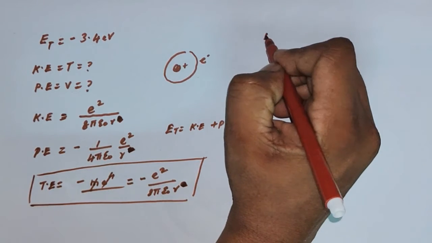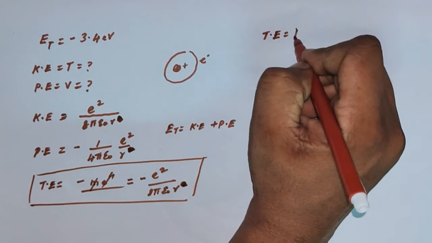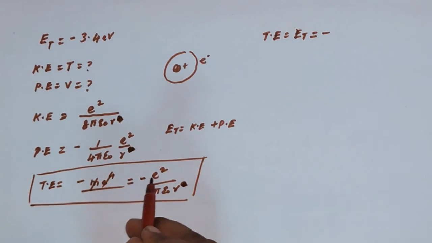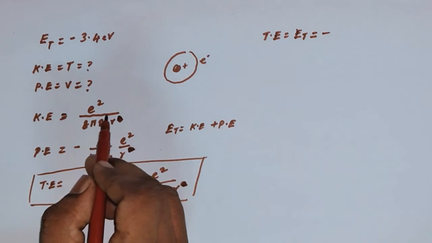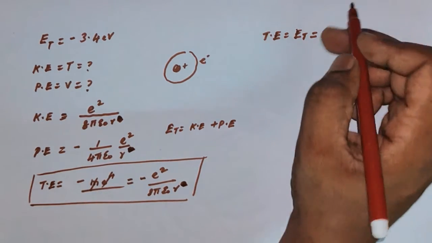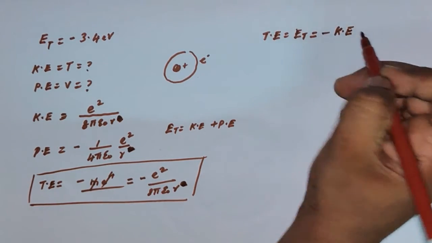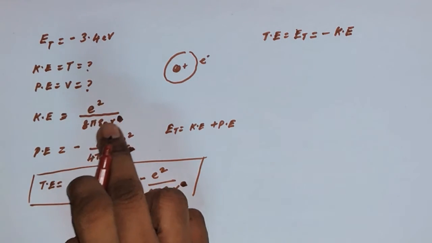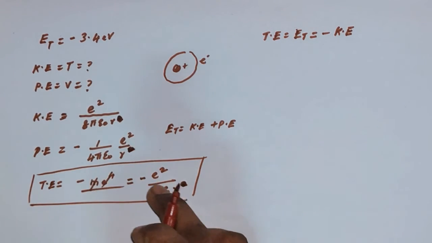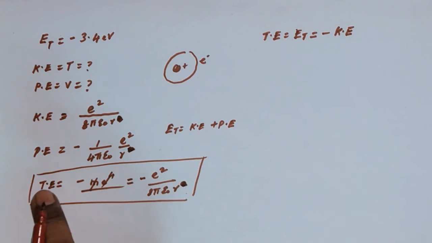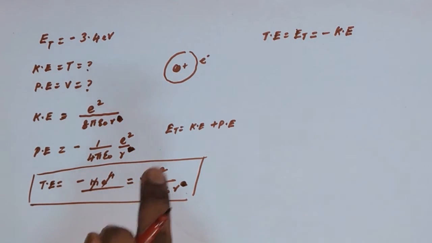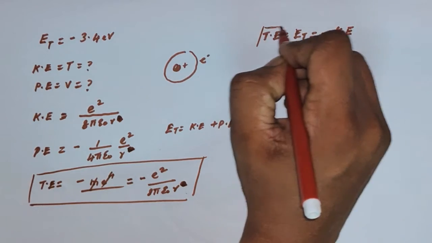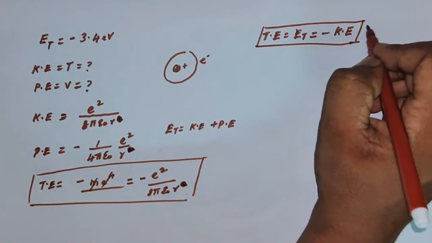The total energy is minus of e square by 8 pi epsilon naught r, and e square by 8 pi epsilon naught r is the kinetic energy. Replacing this, the total energy is minus of the kinetic energy. This is the first formula we need to answer this question.